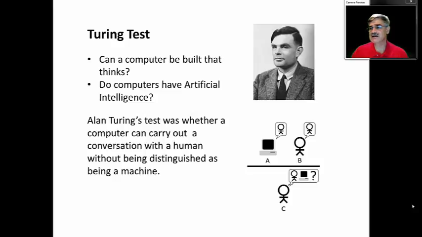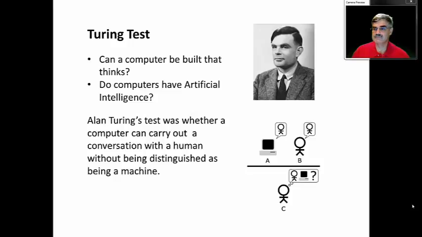In the field of information science, there is also consideration of a question raised by a person named Alan Turing back in 1950. Alan Turing was one of the leading developers of the field of information science, and he posed a very interesting question. His question was, can a computer be built that thinks?